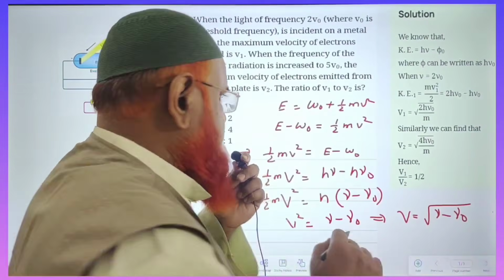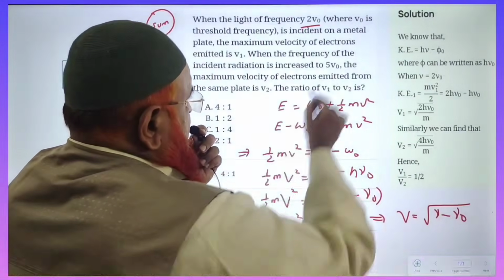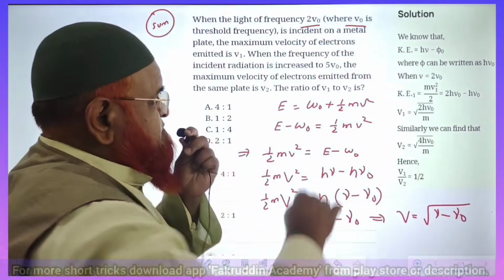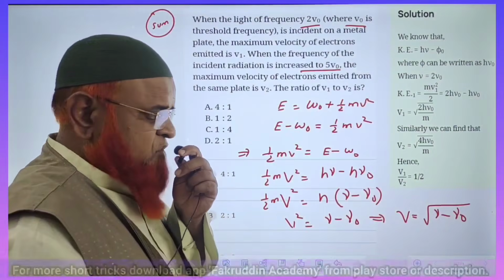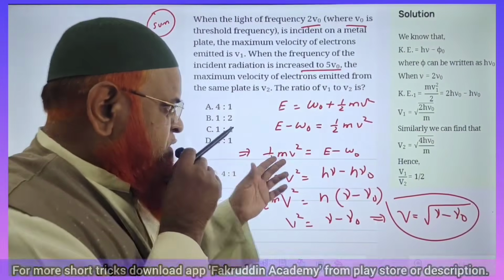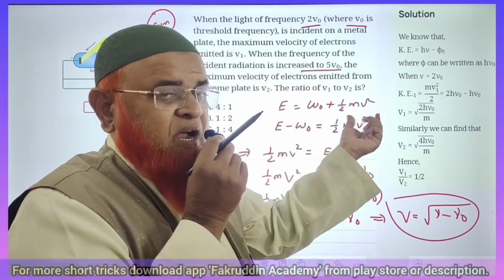That's the concept here. Here, light is having frequency 2 nu naught, and nu naught is the threshold frequency. And the frequency of sunlight is increased to 5 nu naught. The concept here is, from the photoelectric equation, energy coming from the sun is equal to work function plus kinetic energy.